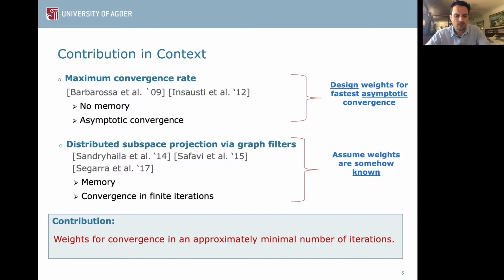So this work tries to fill this gap by providing an algorithm that obtains the weights of the graph filter for convergence in a finite and approximately minimal number of iterations.